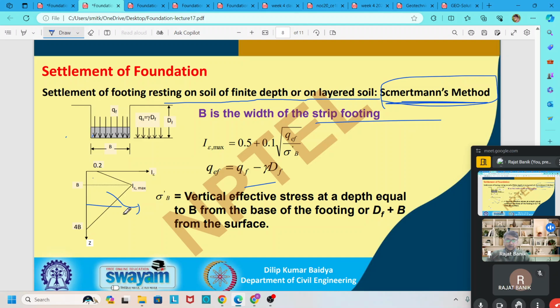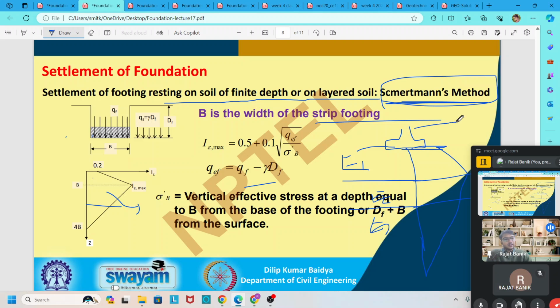If we draw below our ground surface our footing like that, below this footing there are different layers based on the Young's modulus of the soil, E1, E2, E3, like this. So we also divide this influence diagram according to our layers.